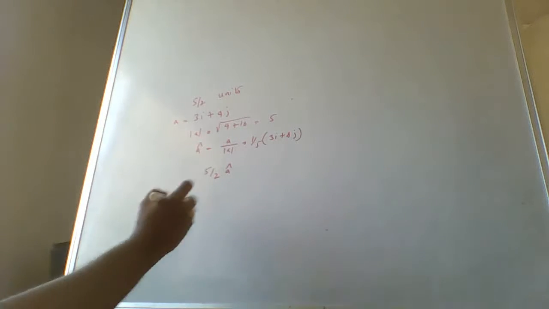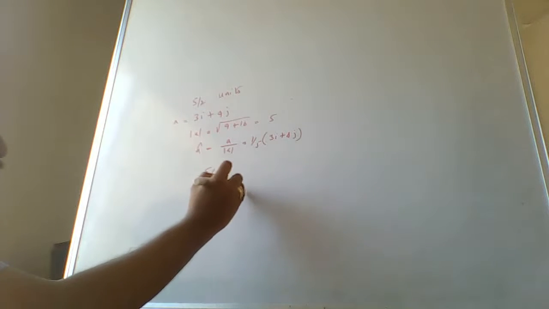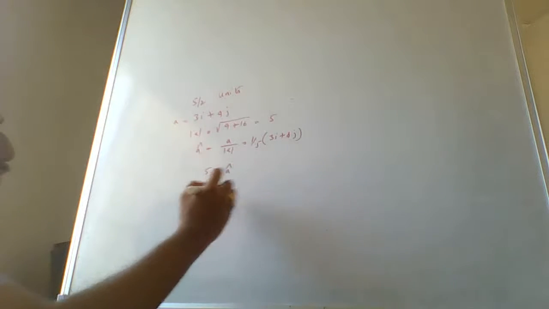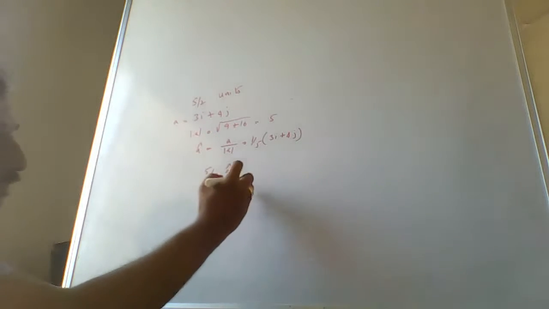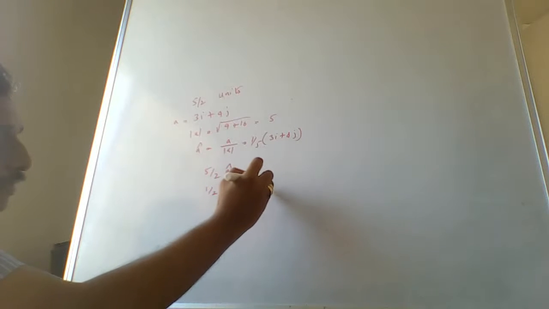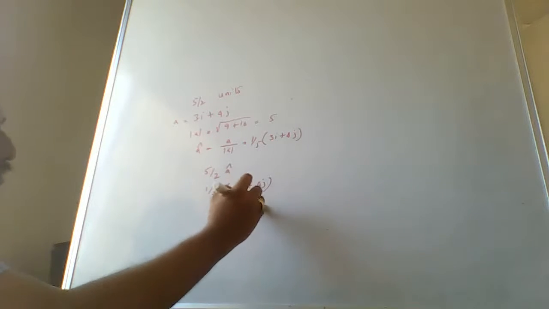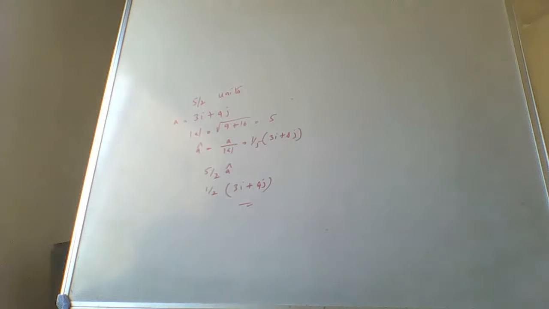The 5 in the denominator cancels, and I get 1 by 2 times 3i plus 4j. So that is the required vector of length 5 by 2.